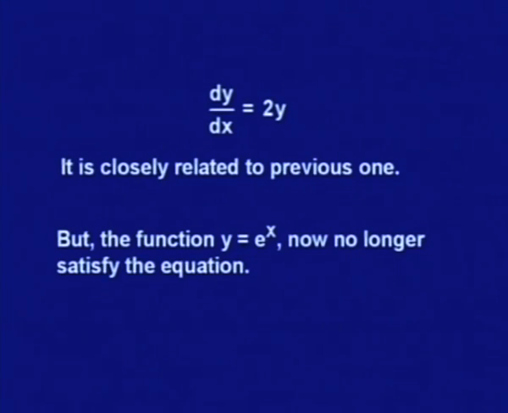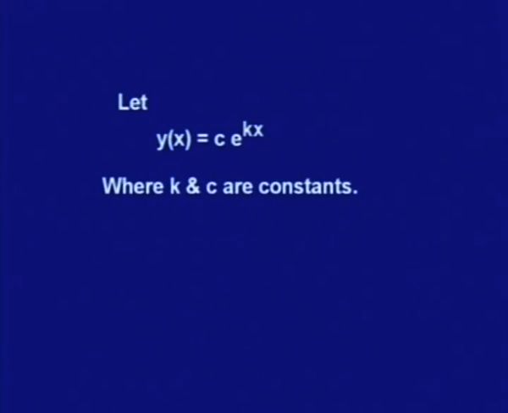Let us assume that the function should be of the same form, that is exponential. We have to experiment a little bit with the same function. So, let us take a function c times e to the power kx, where both c and k are constants.